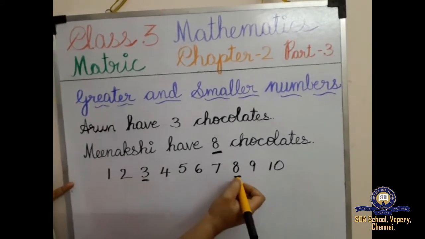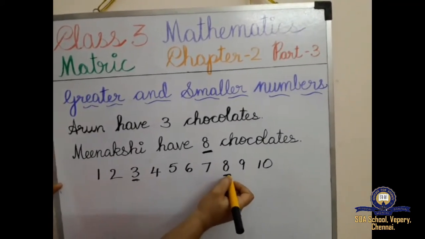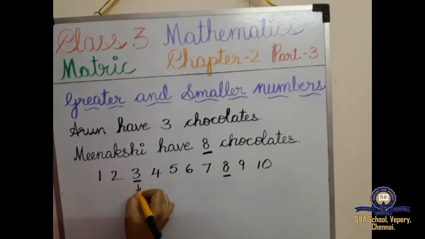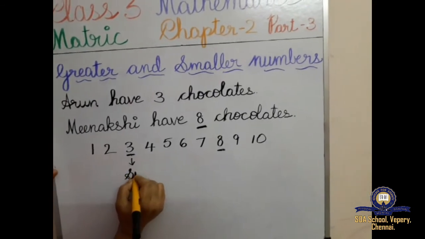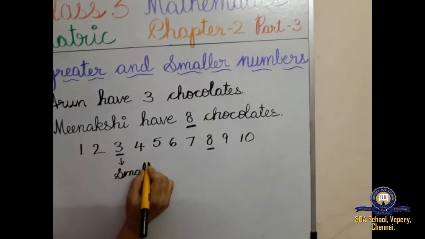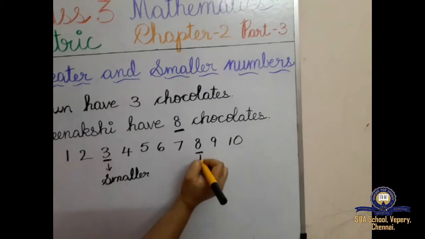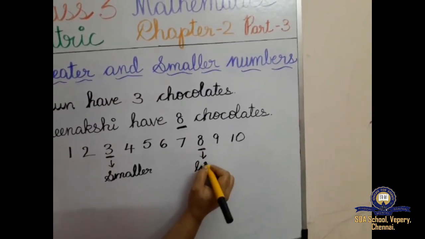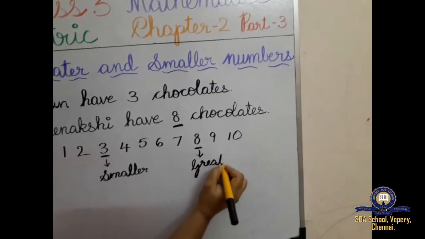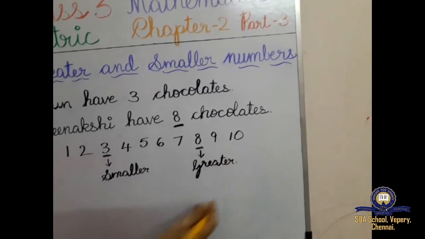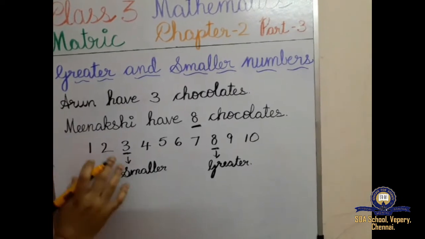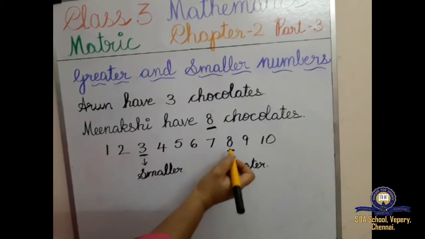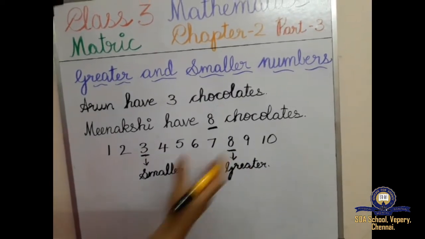So Meenakshi has 8 chocolates, so it is more. So 3 is a smaller number and 8 is a greater number. By seeing it we can tell, because we know 1 to 10, immediately 3 is smaller, 8 is greater.